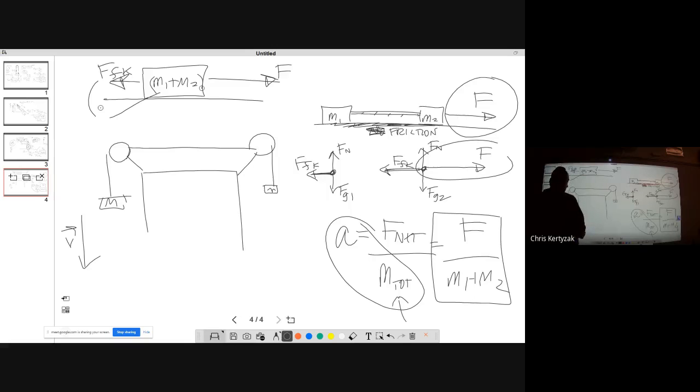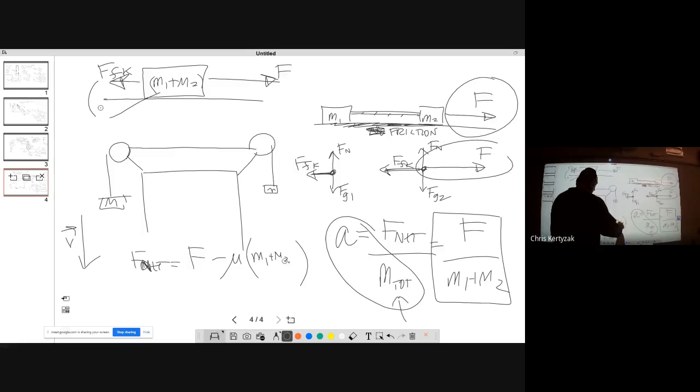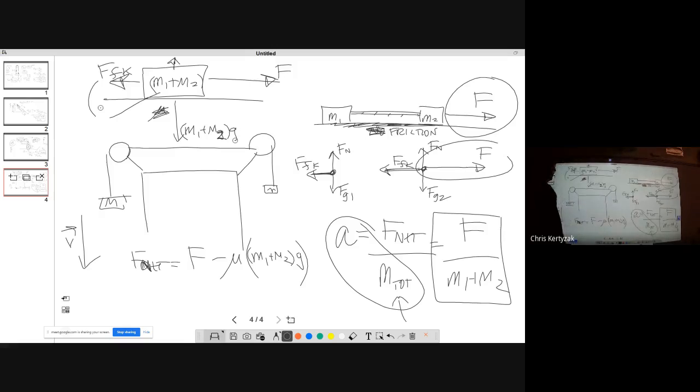So what would the net force be? F net is equal to F minus mu times the normal force, right? But we would usually put mg there, but we're actually going to put (m1 plus m2) g, because now the total normal force in the upward direction is dependent on the total weight down, m1 plus m2, g.